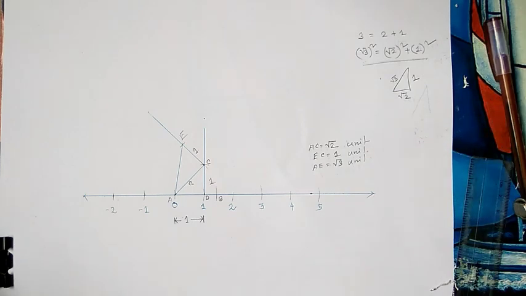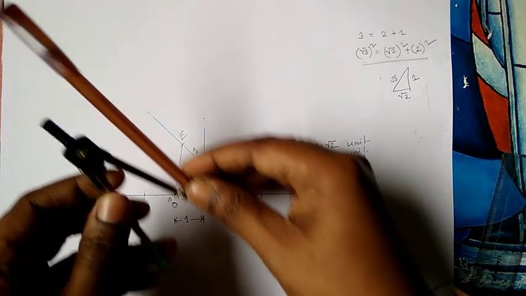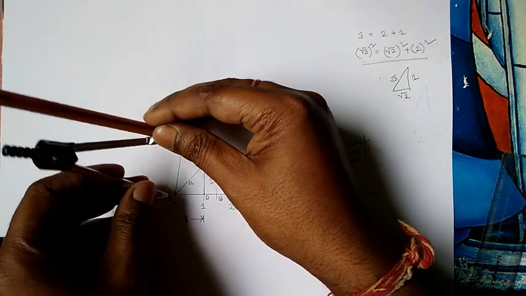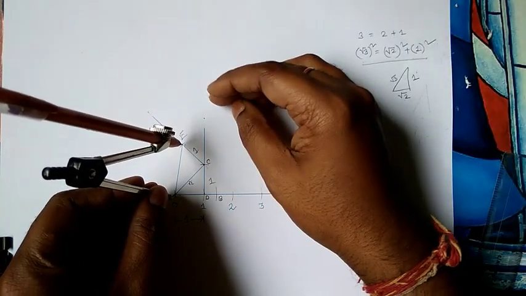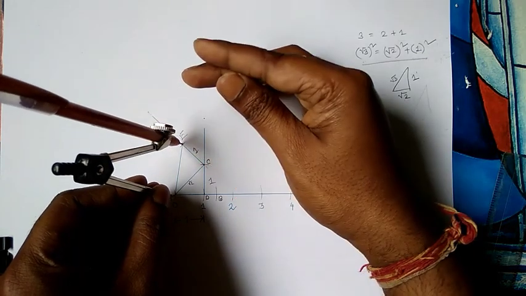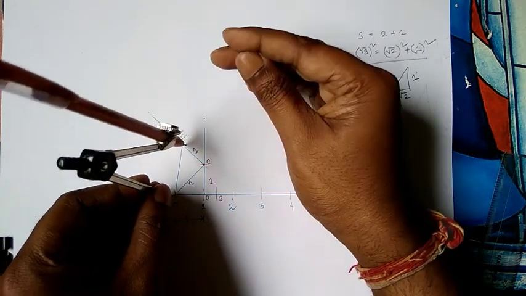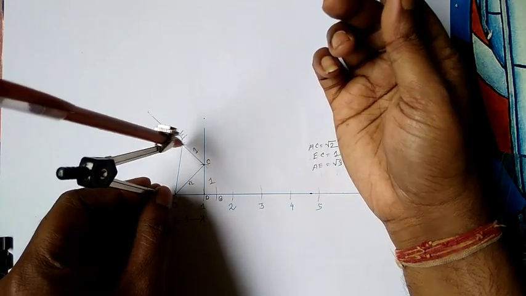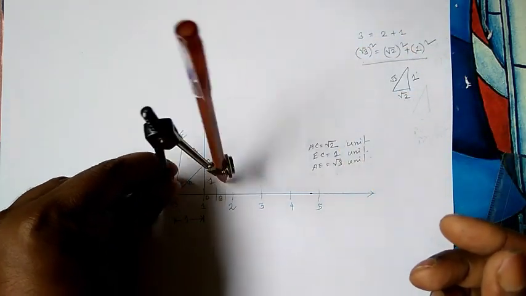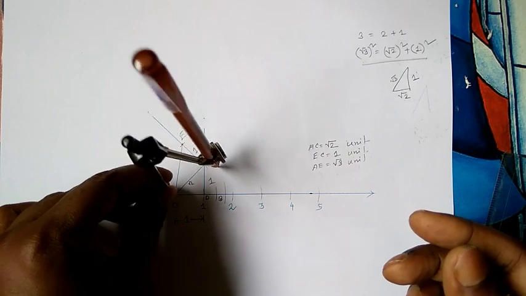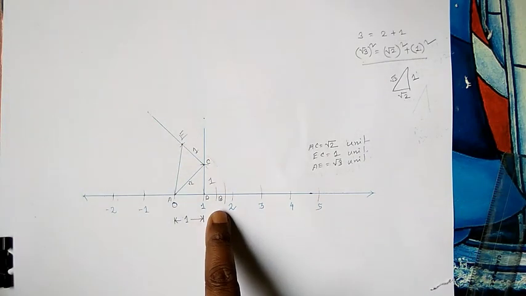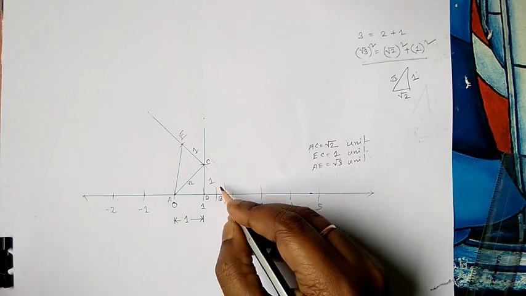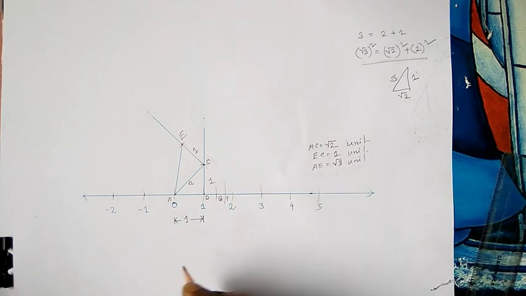But the question was to draw this root 3 in the number line. So again you have to measure the length and cut it. Okay, so this point you have to give the name F. So A to F, how much?